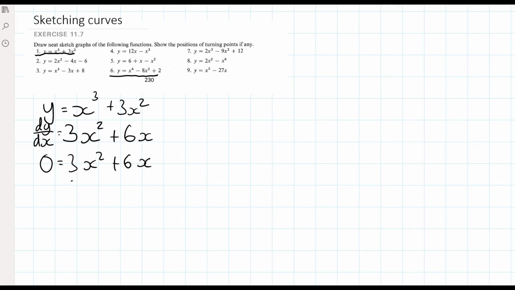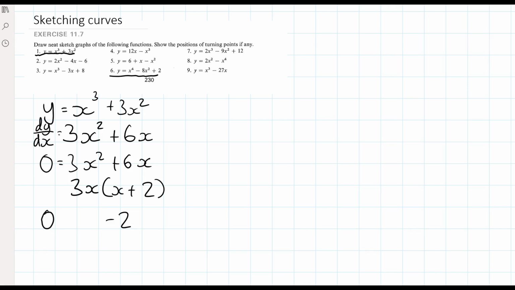Okay, so one of those is going to be 3x, because it's the biggest factor in both. Then x plus 2. Okay, so from that, I know that one of my factors is 0, because when x is 0, 3 lots of 0 still make it all 0.